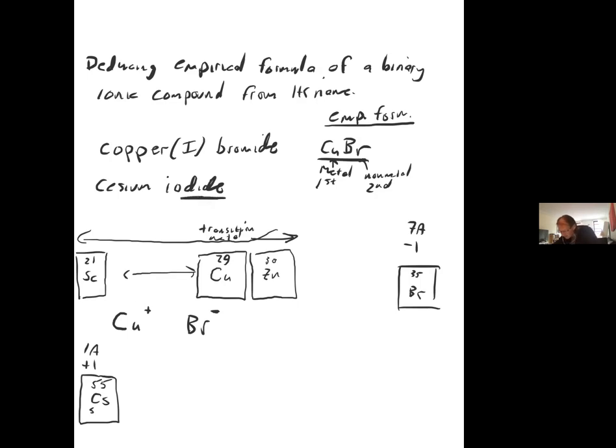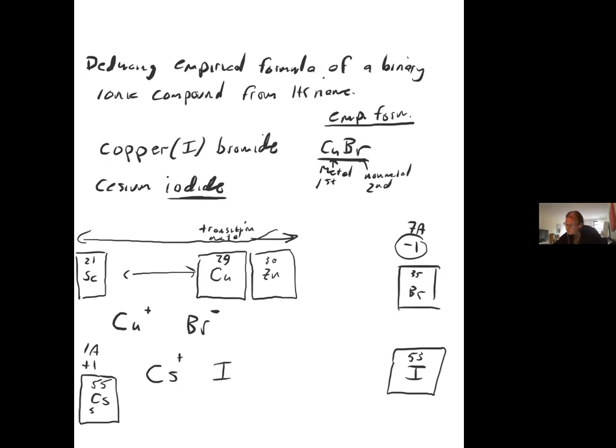Iodide is right underneath bromide, right? So its iodide is 53. So group 7A minus 1. So what do we have? We have Cs, which is plus 1. Remember, you don't put the 1. And then you have I, which is minus 1.